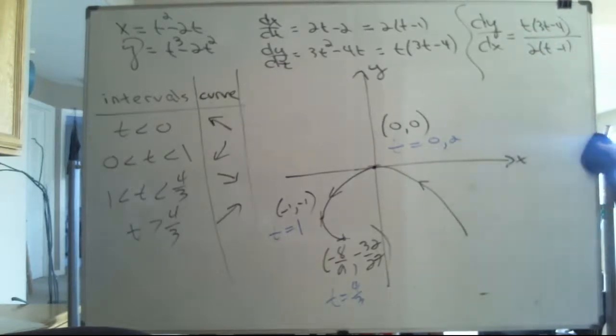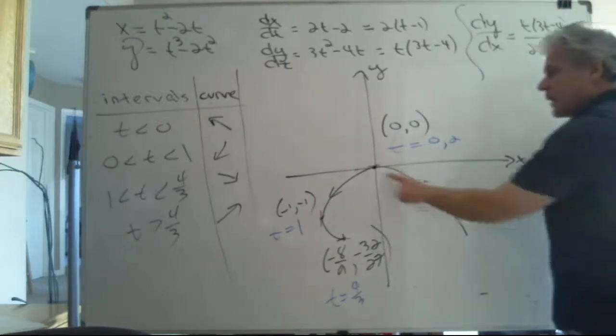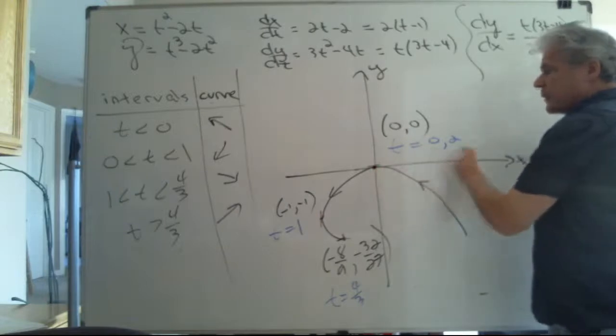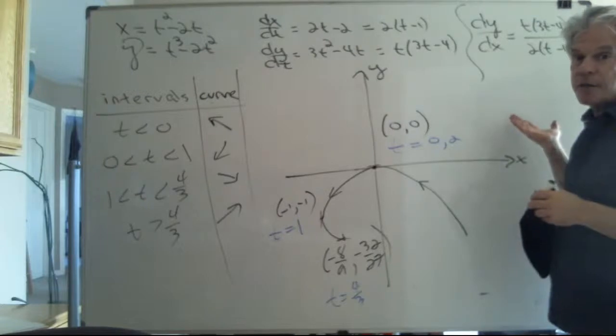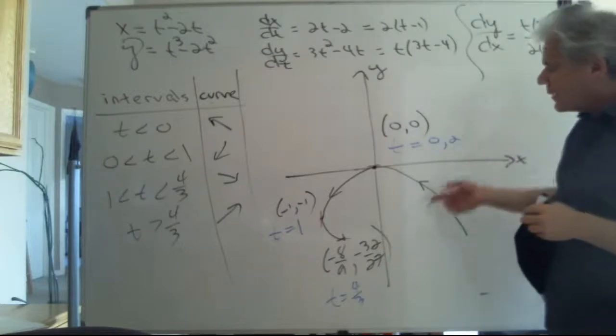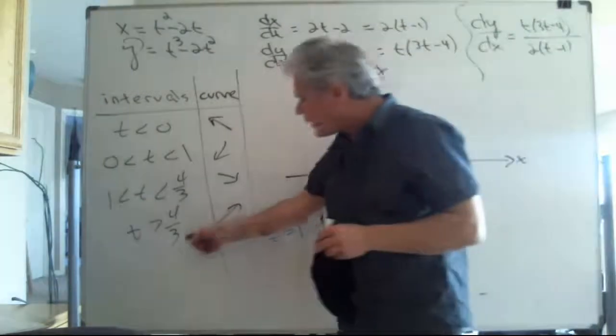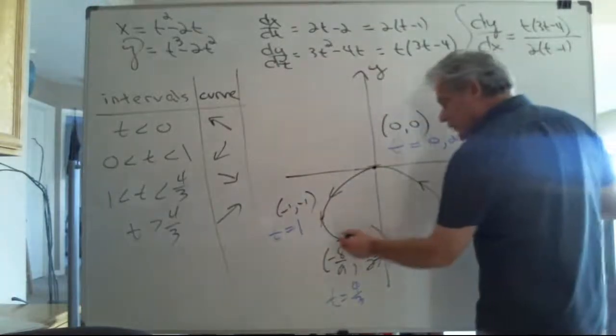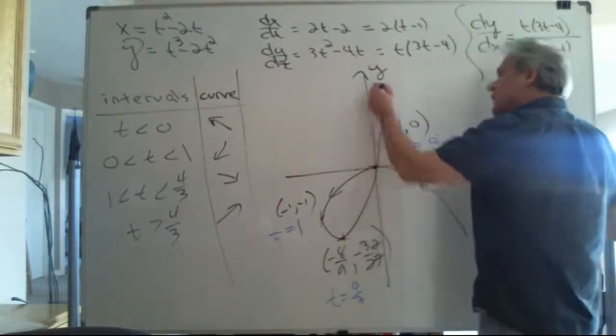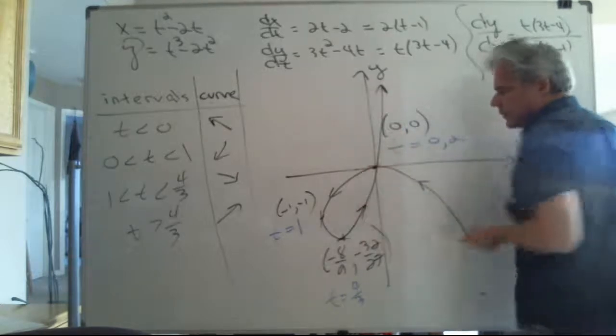But notice if t is equal to positive 2, notice that my dy/dx is neither 0 nor undefined. So I may pass this point again. My tangent line is neither vertical nor horizontal because dy/dx is neither 0 nor undefined. So as I increase beyond 4/3, my curve moves in the rightward upward direction, but I pass through that x and y intercept again. So I guess it behaves something like that, if it's not too sloppy.